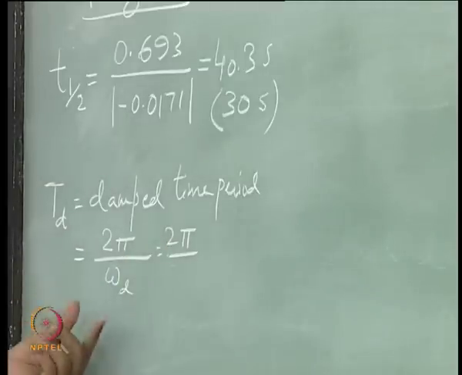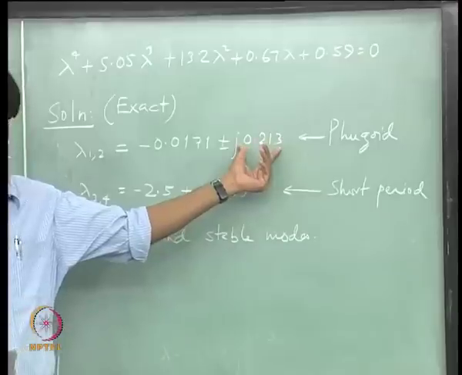Omega d is the damped frequency, the frequency of the damped motion, and that will be given by the imaginary part.